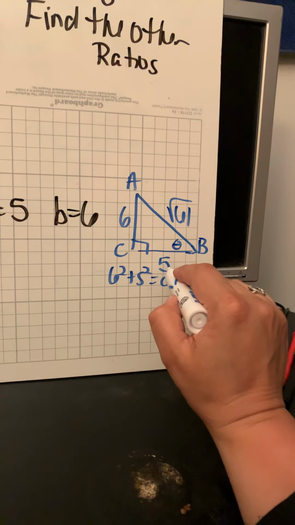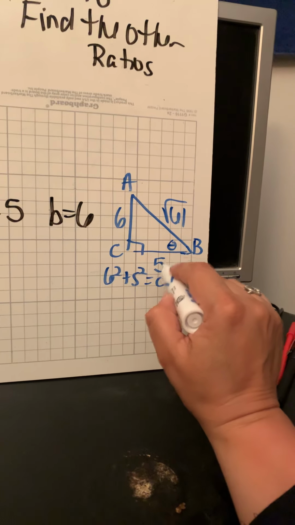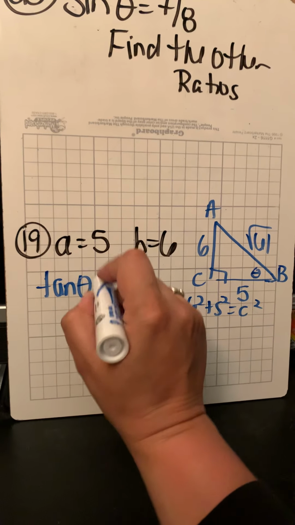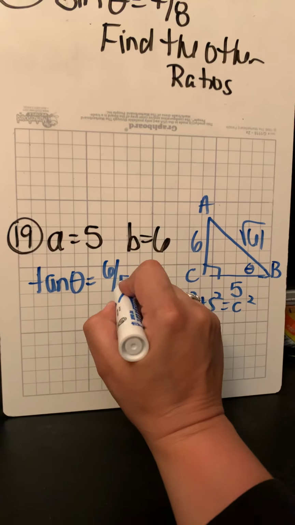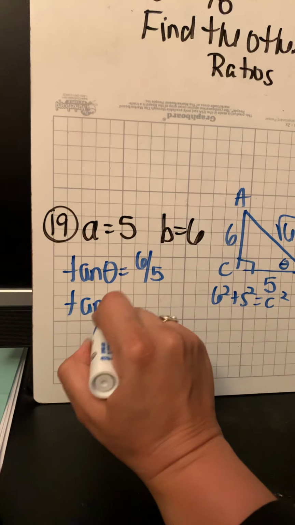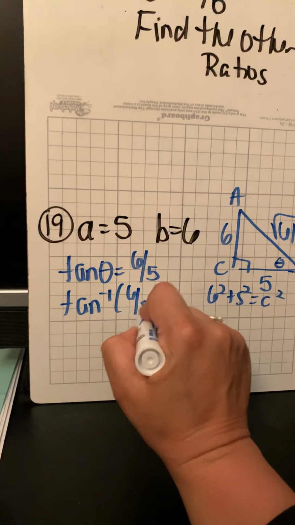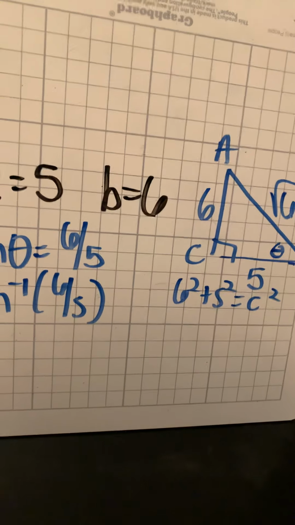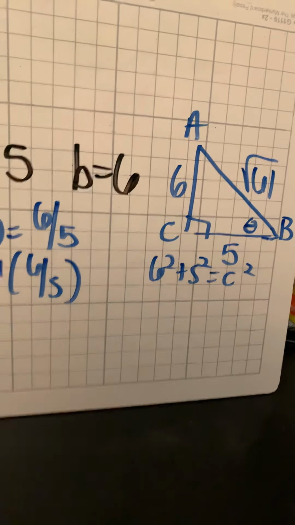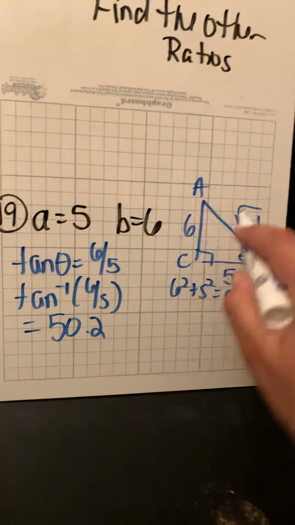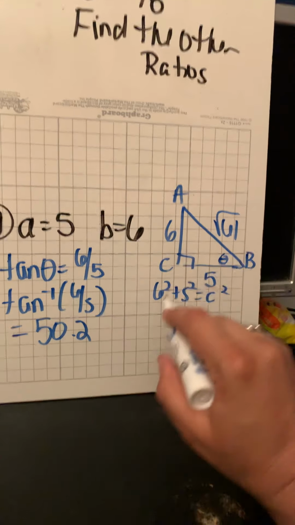So let's say I wanted to find B. Opposite over adjacent. Okay, so tangent. Tangent of theta equals opposite over adjacent. Whenever you're finding the angle, it's the inverse. So the tan inverse of 6 over 5, again your calculator's in degree mode, is 50.2. Well, how do you find that other angle? Well, you know that's 90.